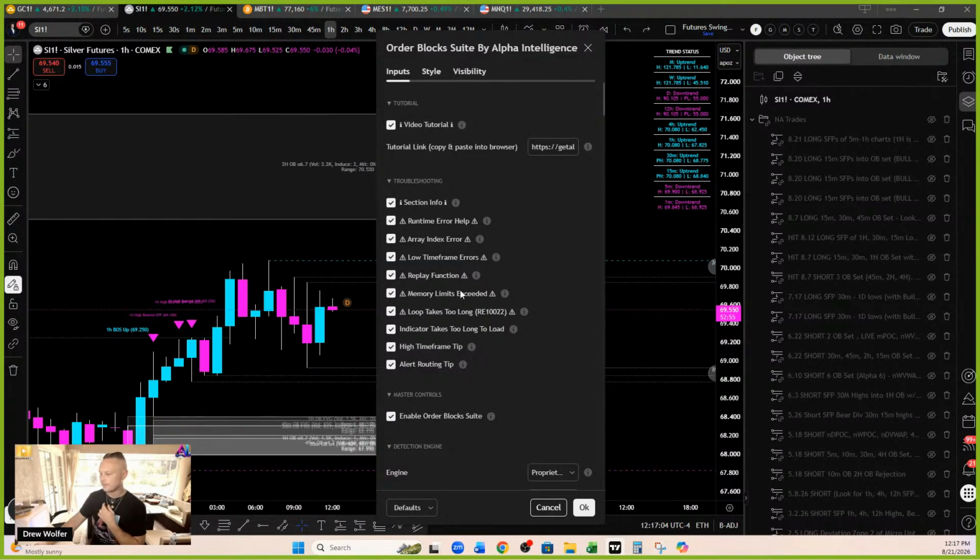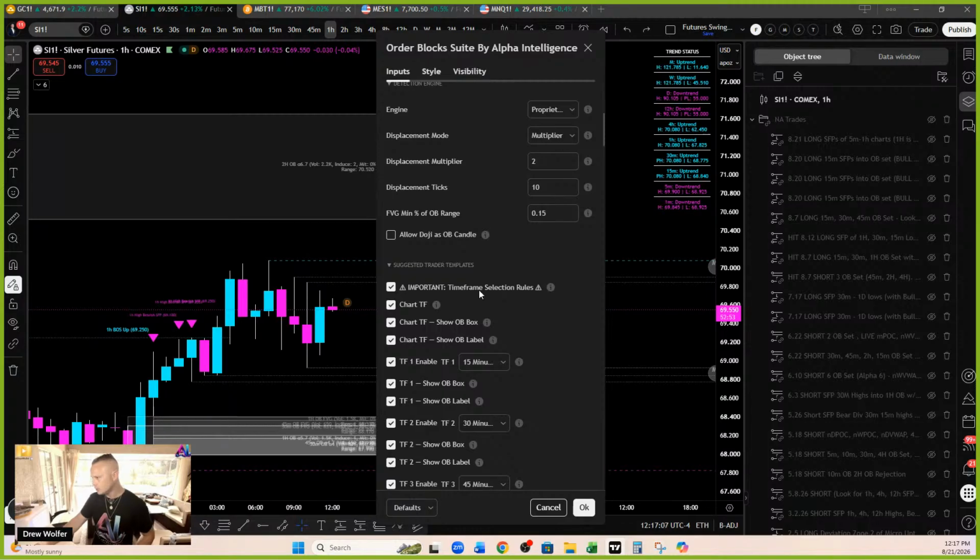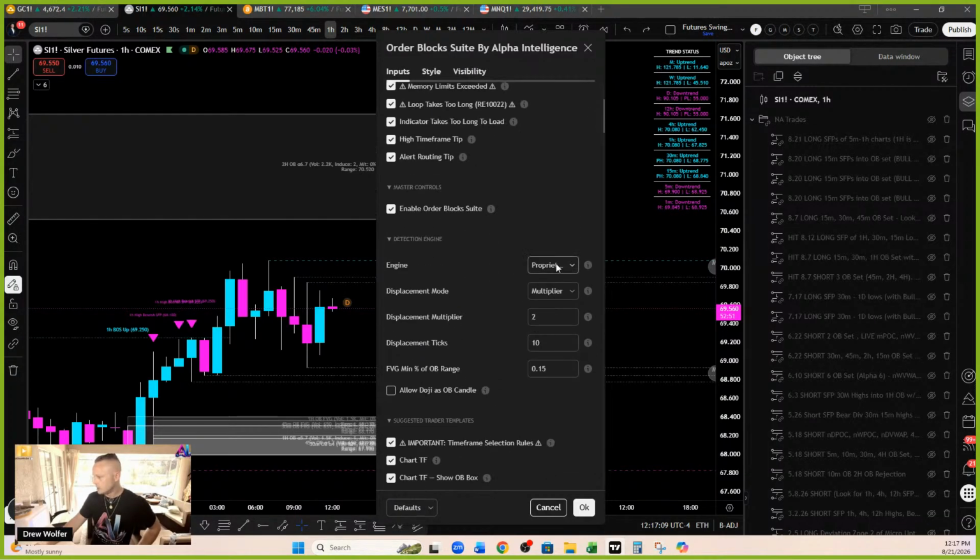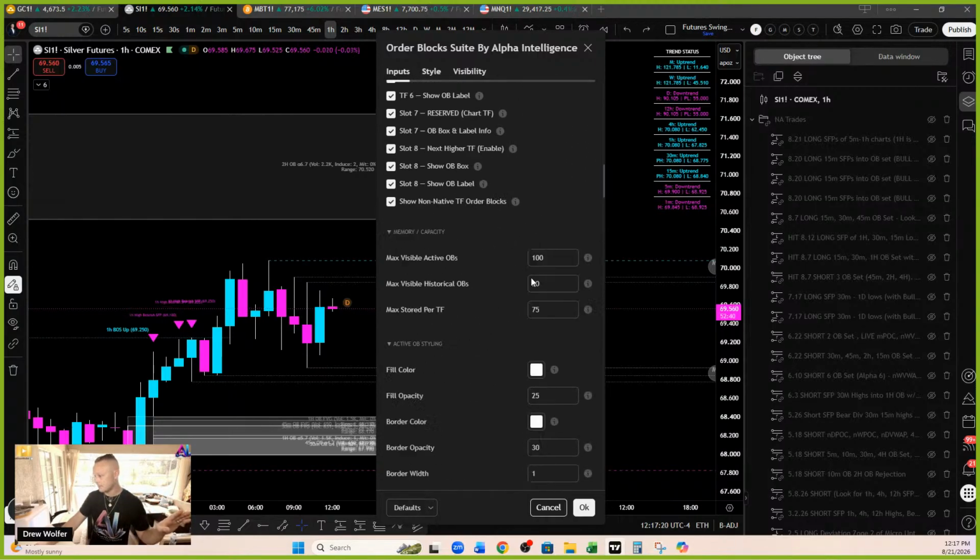Now, if you don't want the fair value gaps to show, you can turn them off. You can go to the standard engine inside of the settings of the order blocks suite and click standard, which has no fair value gaps.